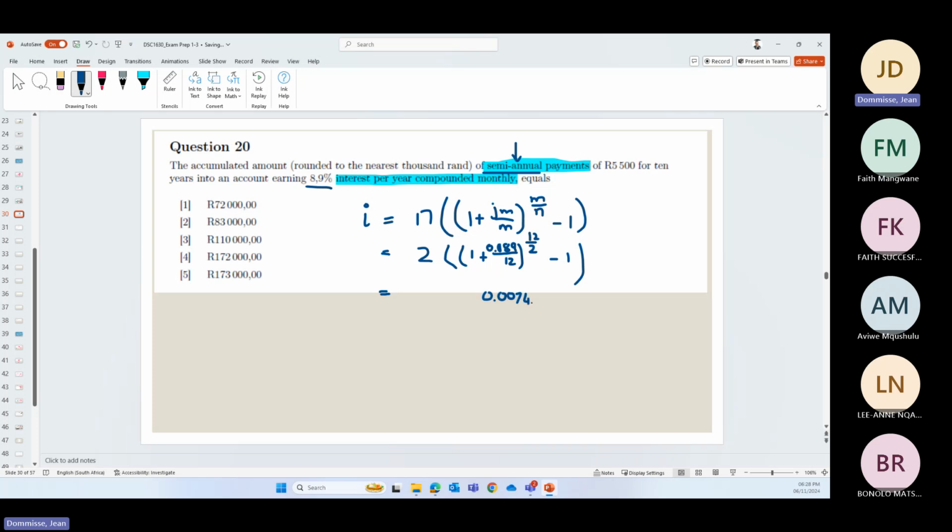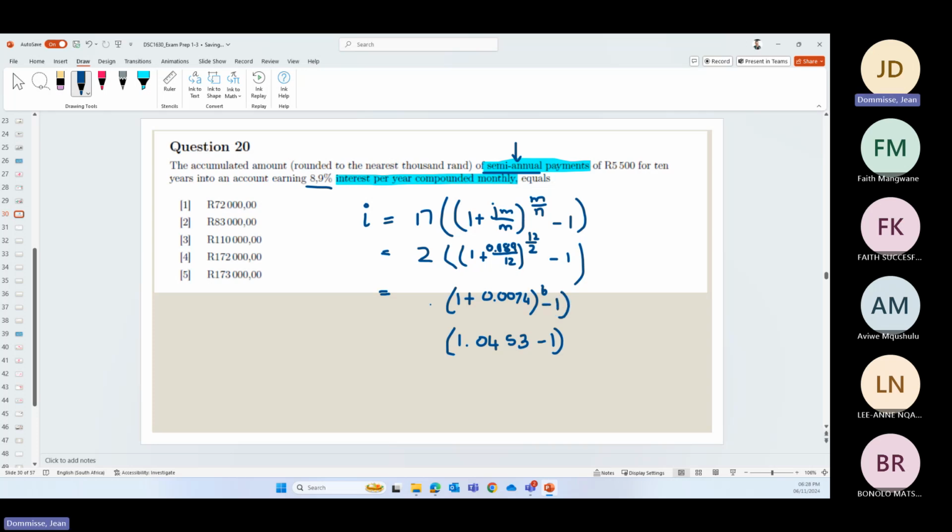My calculator is not the best at doing fractions, so I need to add 1, then raise it to the power of 6, and that will give me 1.0453, which I will subtract 1 from.